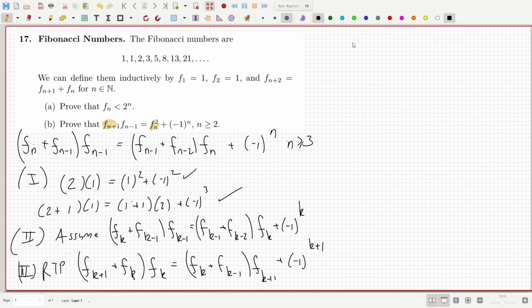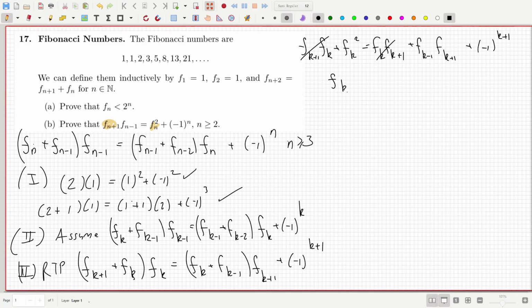Let's multiply this out. So we get Fk plus 1 Fk plus Fk squared equals Fk plus 1 plus Fk minus 1 Fk plus 1 plus minus 1 power k plus 1. They cancel.